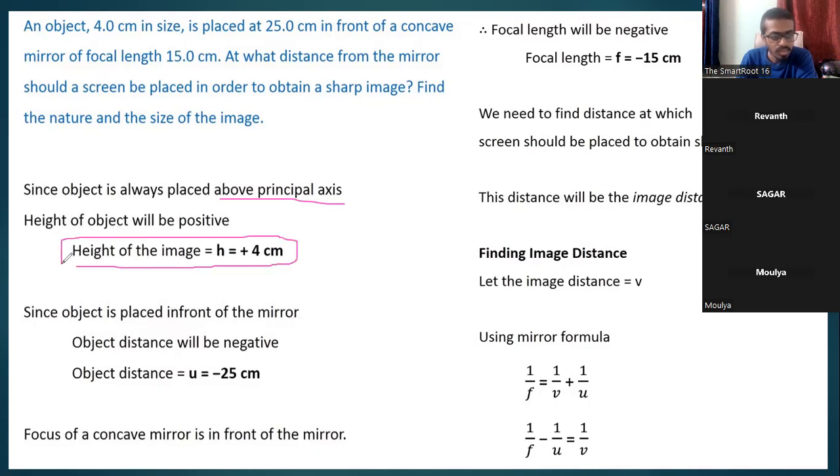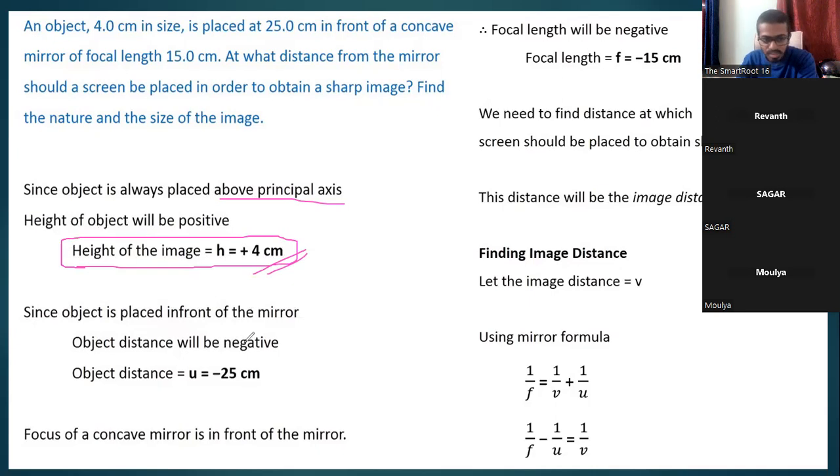H is equal to plus 4 centimeters. ನಮಗೆ ಏನು ಕೊಟ್ಟಿದ್ದಾರೆ ಅಲ್ಲಿ, an object 4 centimeter tall ಅಂತ ಕೊಟ್ಟಿದ್ದಾರೆ ಅಲ್ವಾ. The same thing is what we are doing. 4 centimeter tall ಅಂದ್ರೆ 4 centimeter ಪಾಸಿಟಿವ್ ಡೈರೆಕ್ಷನ್ ಅಲ್ಲಿ ಇದೆ ಅಂತ ಹೇಳ್ತಾ ಇದೀವಿ.